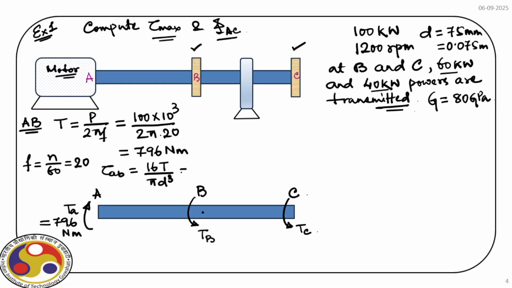So what we get, 16 times T, which is 796, divided by pi times 0.075 whole cube. And this is equal to 9.605 MPa.